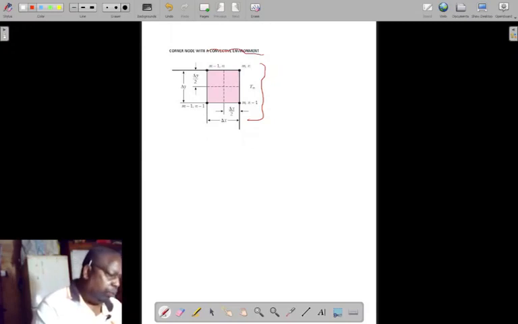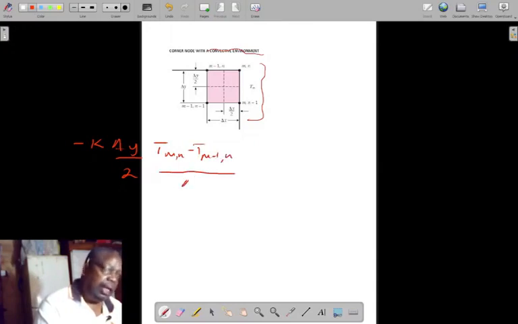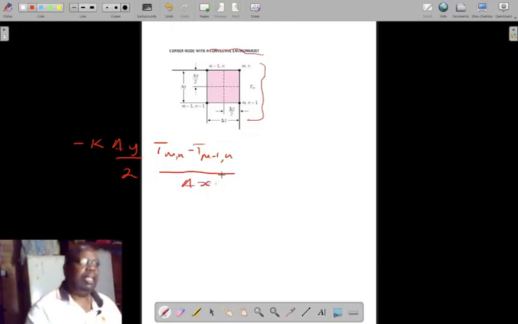So the equation will be minus k delta y over 2 (Tmn minus Tm minus 1, n) over delta x, that is for that node as it interacts with that node.